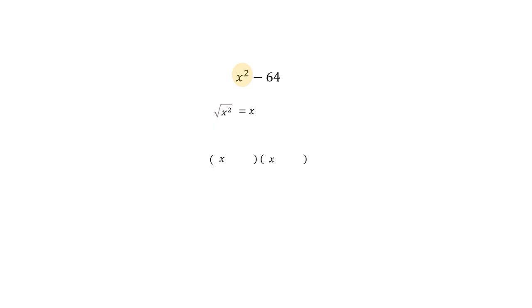So we put an x at the beginning of the first bracket, an x at the beginning of the second bracket. Then we look at the next term, 64. The square root of 64 is 8. We put in our 8's there, and then we simply write in a negative and a positive sign. Or you could write in a positive and a negative sign. It doesn't matter.